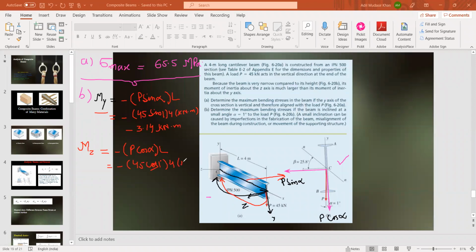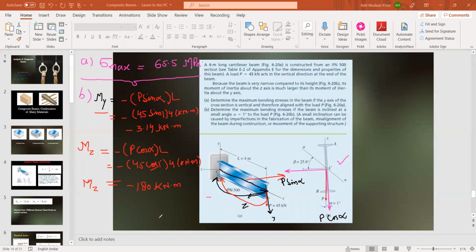So units will be kilonewton meter. Okay, so Mz comes out equal minus 180 kilonewton meter. This is the value of moment along z-axis.